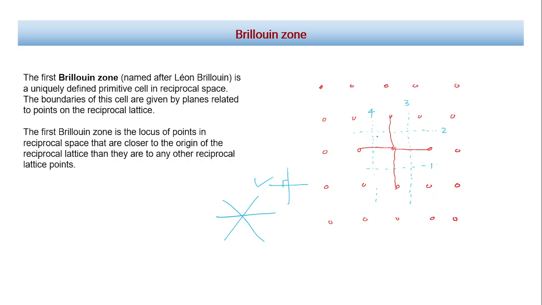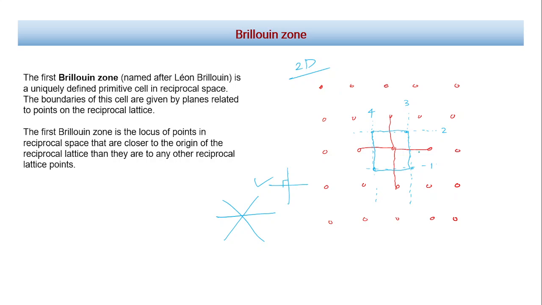These are the perpendicular bisectors I have joined, and they intersect each other at these points. Right now this screen is 2D, so we are discussing 2D, but this is applicable for 3D as well, where I'll be doing this in all three directions outside the plane also.